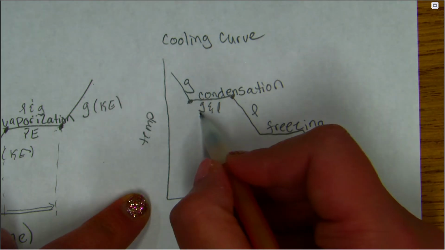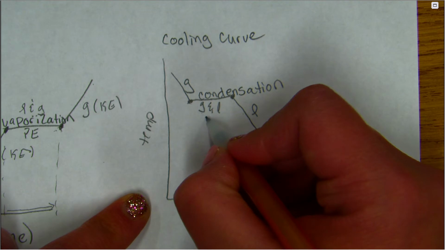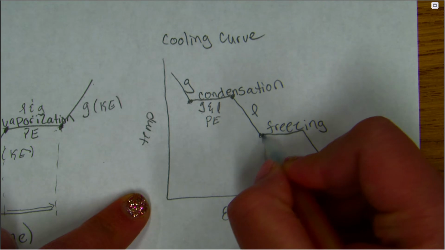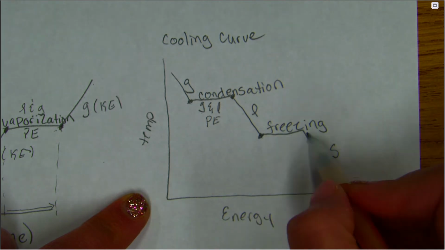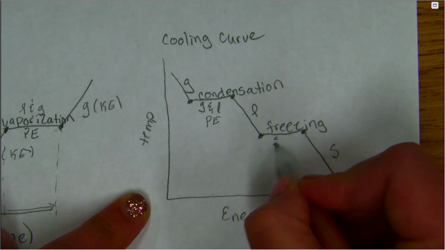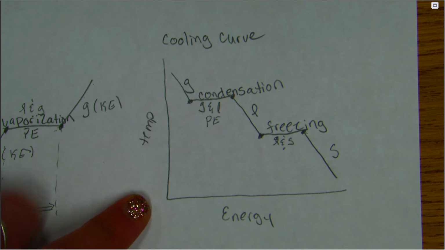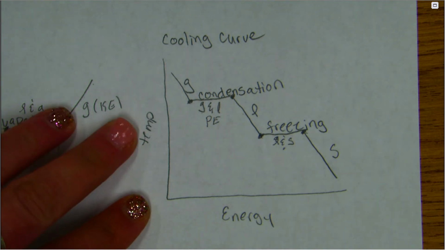We are bringing our particles closer together. We are changing the spacing of those particles, so it has potential energy. At this point, the substance is all liquid. At this point, it is all solid, but it is a process where I go from a liquid to a solid, so I will have liquid and solid in the substance at the same time.